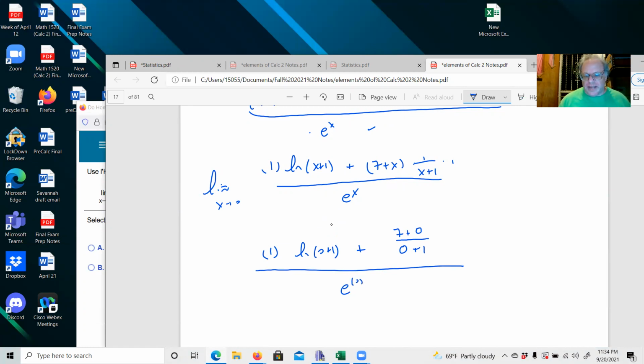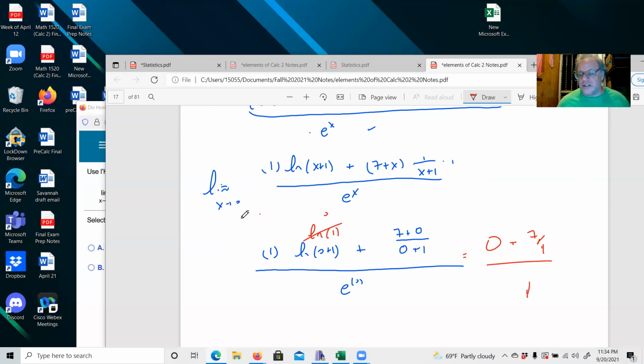Okay, well, this bit here is going to be natural log of 1, which is 0. So this part's 0. And then here it looks like we have a plus 7 over 1, divided by e to the 0, that's 1.